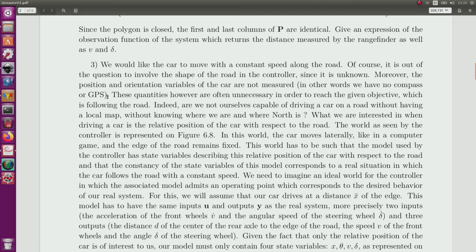So we have to imagine something, and what is noted here is that to drive a car, we don't need to know our own position, we don't need any compass, we just need the relative position of our car with respect to the road. So we'll try to copy this idea in order to build a regulator.